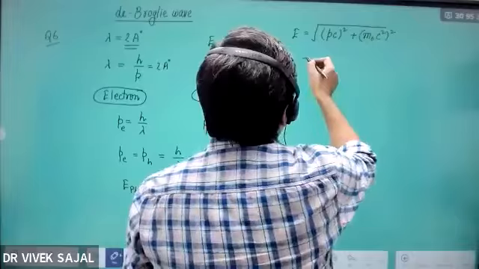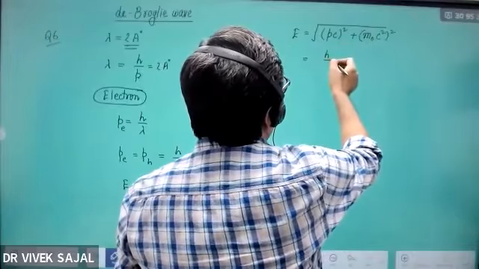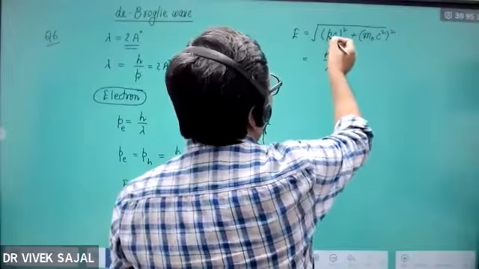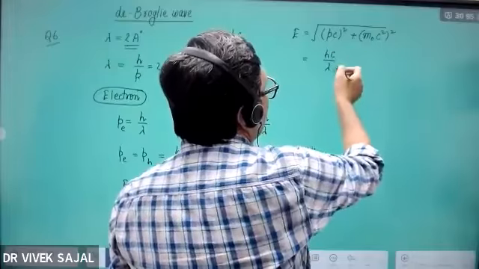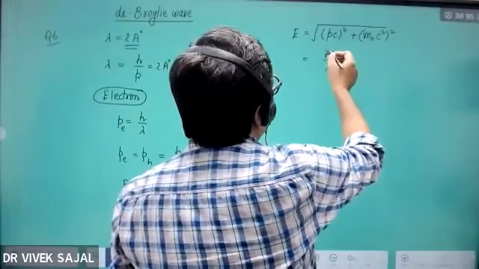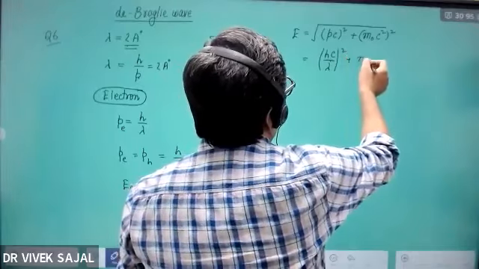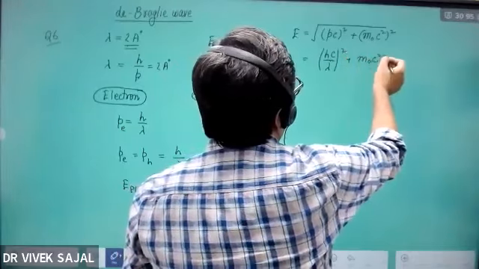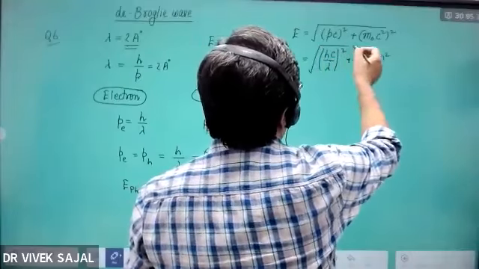This will be PC, where P is h by lambda. So in place of P, I am writing h upon lambda. With C, this will be hc upon lambda. So this is (hc upon lambda) square plus (M naught C square) whole square, and the square root of this.